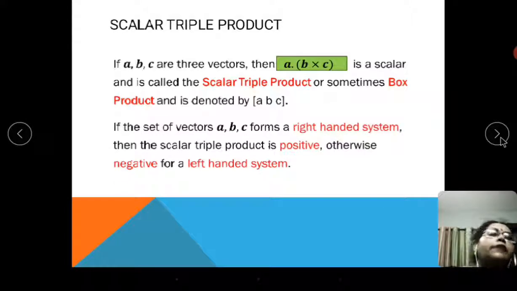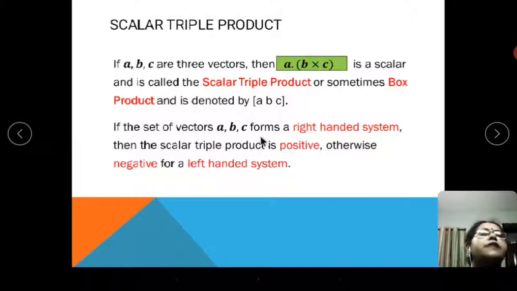And another thing, this expression A dot B cross C, we have seen that the answer will be a scalar quantity. Now that can be positive or negative depending on the set of vectors A, B, C forming a right-handed system or a left-handed system. I hope we remember this term right-handed system.